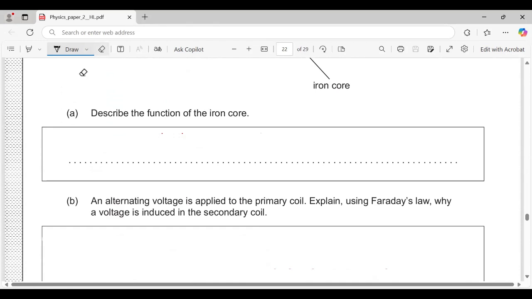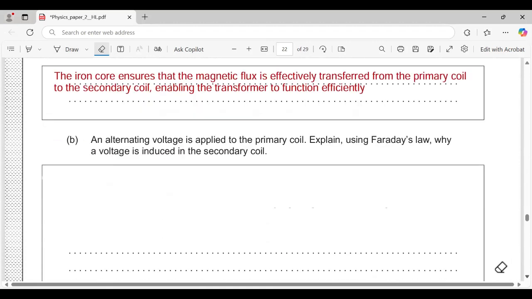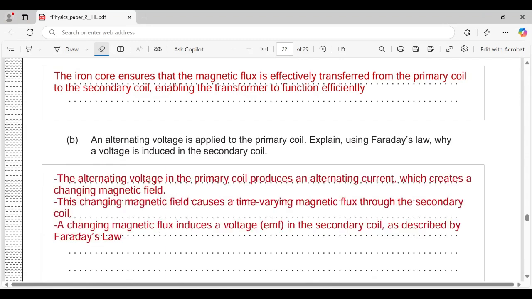I have answered this one. Okay. And next question. An alternating voltage is applied to the primary coil. Explain using Faraday's law why a voltage is induced in the secondary coil. This one.